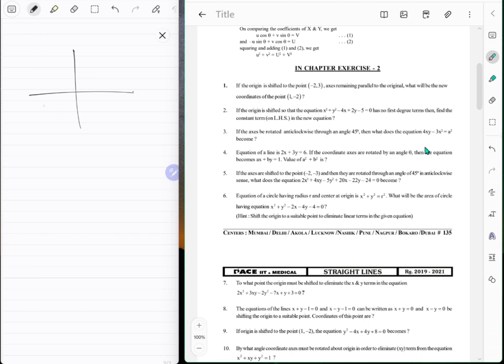You want to rotate this 45 degree like this, right? So now let's say that this is our capital X axis and this is our capital Y axis. Then for some point, this was your X and Y coordinate, but now this will be your Y coordinate and this will be your X coordinate.